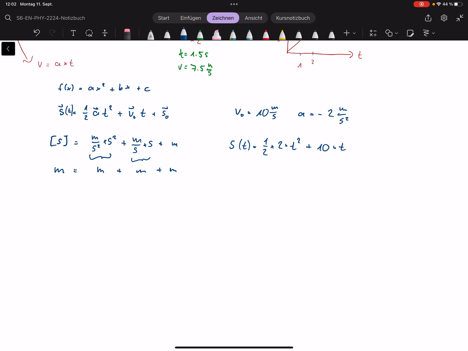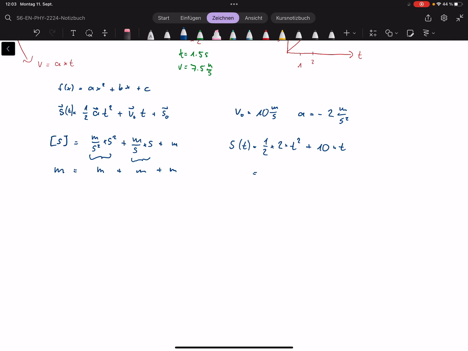Now you see that I don't write the units into the equation. In Germany I always expected to have the units everywhere, but since in the exam you have a lot of text and formulas to write and you're short of time, in the beginning you have the units, then you can leave them out, and the result must always be with the units.